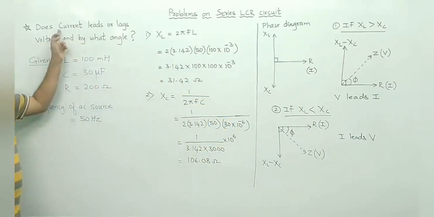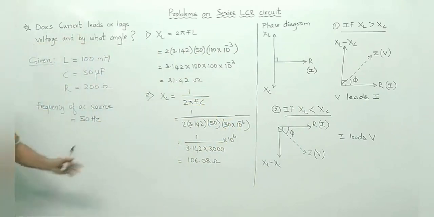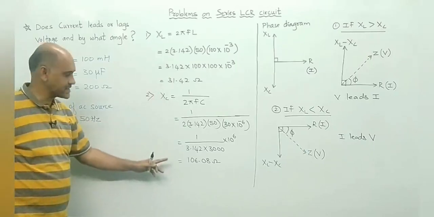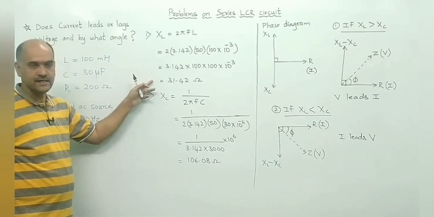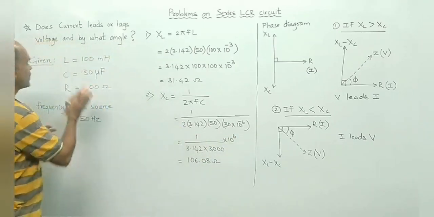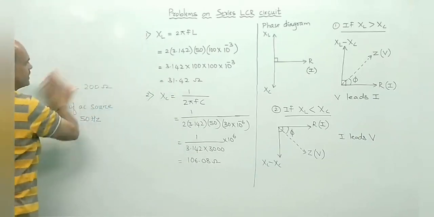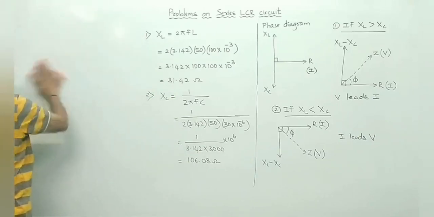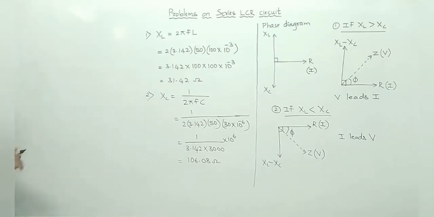Now he has asked whether current is leading or voltage is leading. From these two you can say that as XC is greater than XL, current leads voltage. Now he has asked by what angle, so you are required to find the angle.